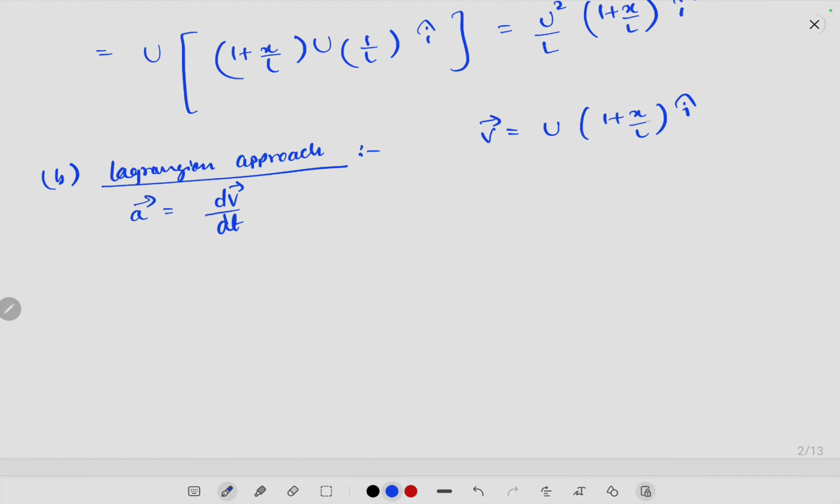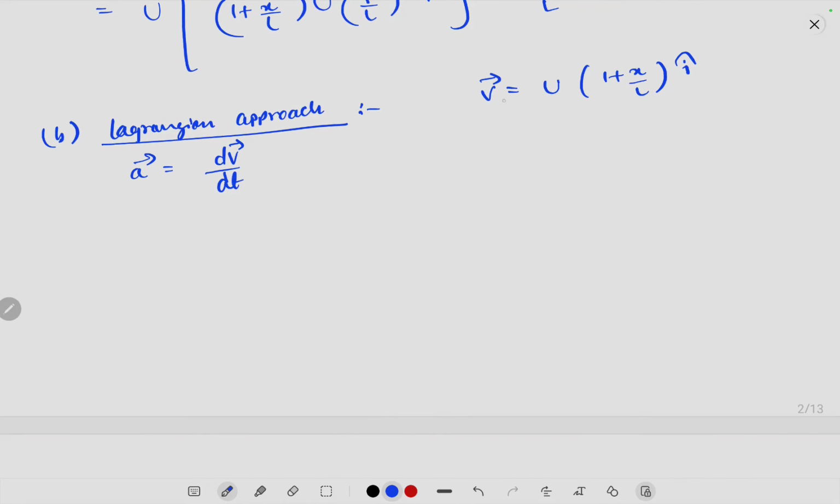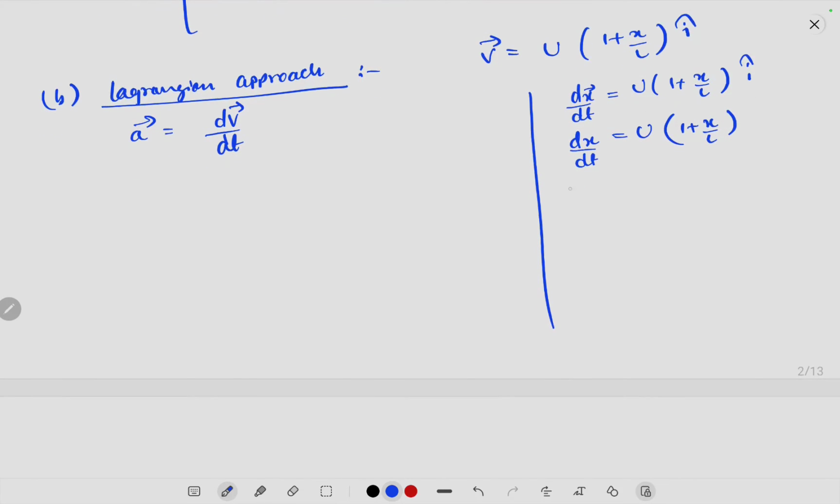All right, so how will we find it? So we can use the relation for writing x in terms of t. We'll use this relation that v vector is nothing but dx by dt, and this is given to be u times 1 plus x by l into i hat. Okay, if I just take the magnitudes, this will be dx by dt equal to u times 1 plus x by l. So I can solve this differential equation.